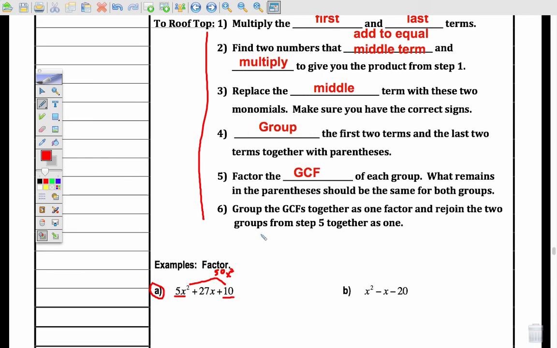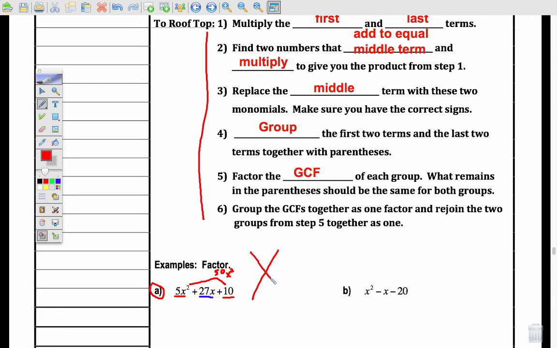Okay. Step 2 says find the numbers that add to equal the middle term. The middle term is 27x. Tell you what, I'll just go ahead and highlight it in blue. Middle term is in blue. They add to equal 27x, and multiply to give you what we just did in step 1, which is 50x squared. Some of you guys, we showed you this.